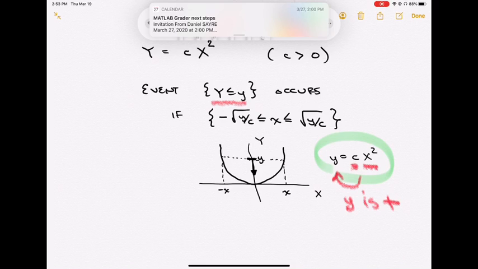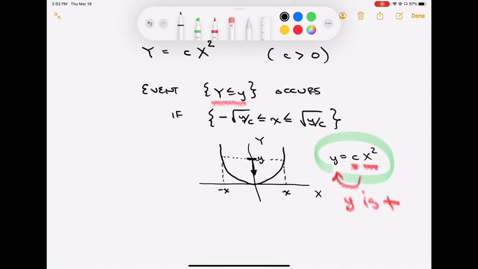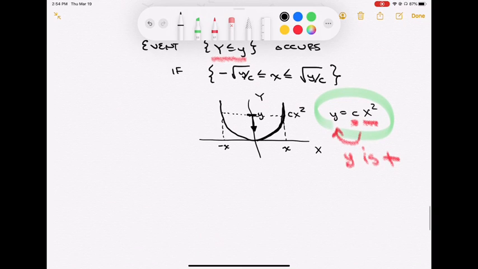Anything between minus x and x is going to be squared and give me a value y through that function cx squared as being y. So that parameter c comes through in the parameterization of this curve. Something like that. So if I want to solve on this, I know it's both plus and minus values of x that do that.